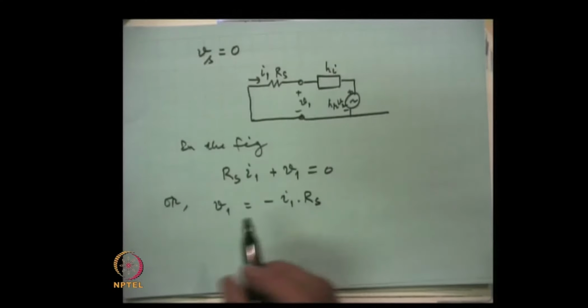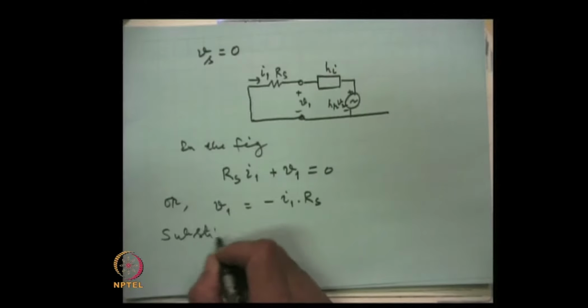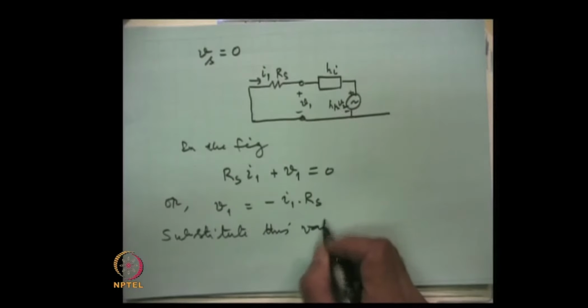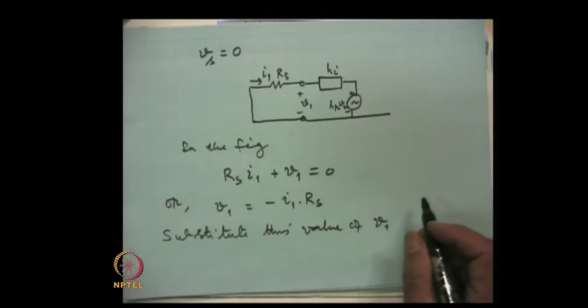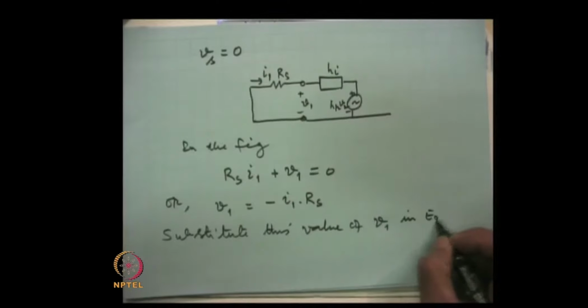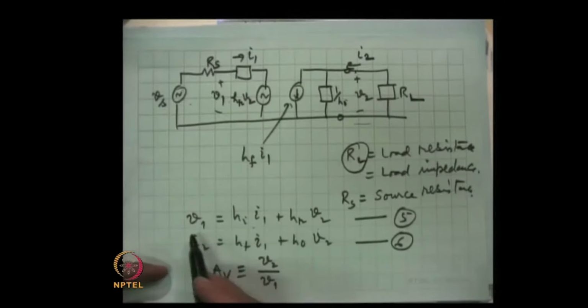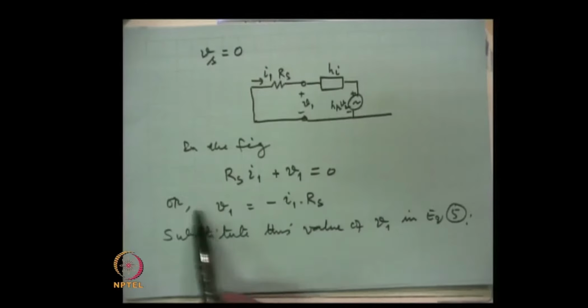We substitute this value of V 1 in equation 5. The equation 5 was this. This contains V 1, so V 1 is replaced by this value.